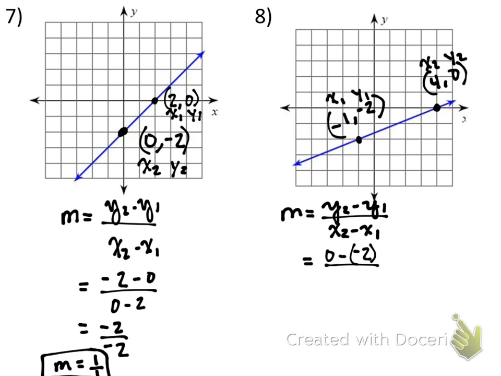It's a positive. Then we have x2, which is 4, minus a negative 1. Again, negative and negative becomes positive. So what's 0 plus 2? It's 2. 4 plus 1 is 5. There's your answer. Does that make sense? It'll get easier as you go. All right, that concludes our lesson for today.